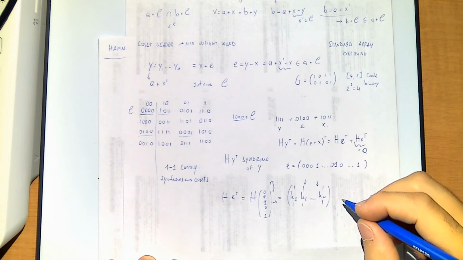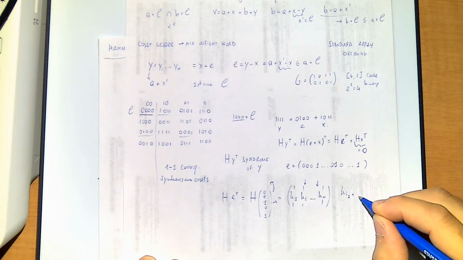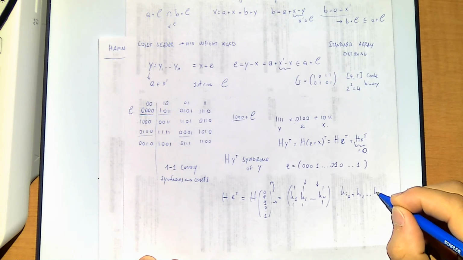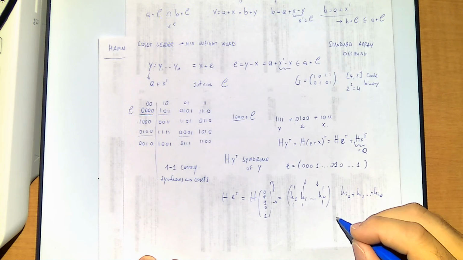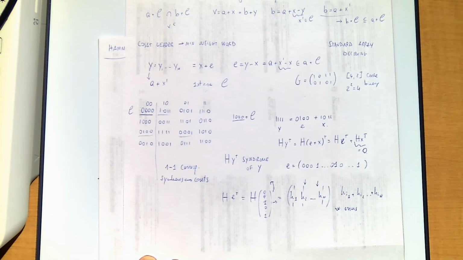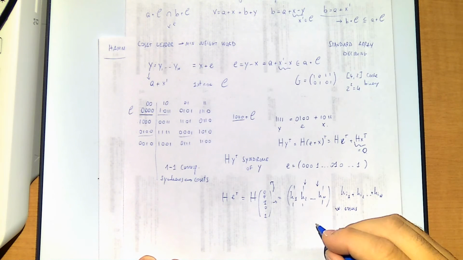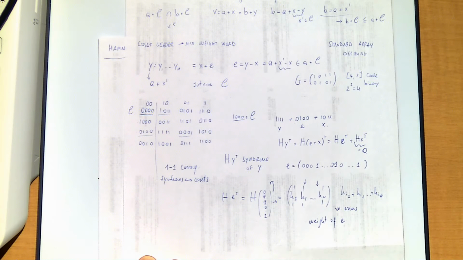So that is basically H_i1 plus H_i2, up to H_iW, if I have exactly W errors, where W is exactly the Hamming weight of E. So if I have exactly W errors, I have exactly W ones, and the syndrome corresponds exactly to the sum of those columns.